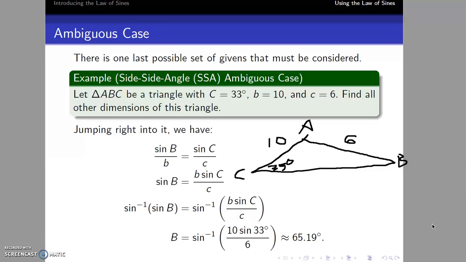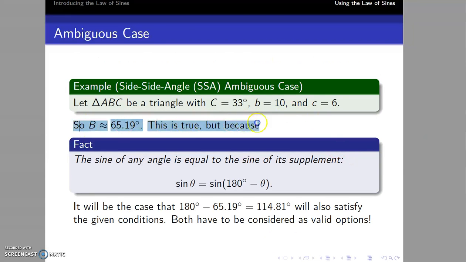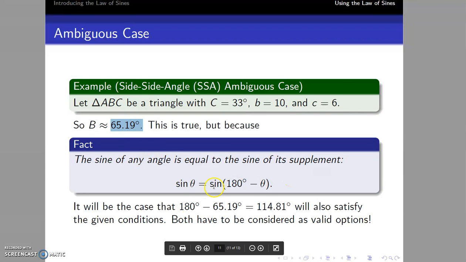Remember how I've said in the last couple of classes that the sine of an angle is equal to the sine of its supplement. Well, that means, for this guy right here, yes, this is true, but the sine of any angle equaling the sine of its supplement means that the supplement of this angle we found, so 114.81 degrees, also works.